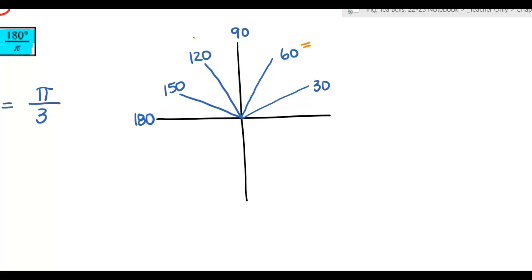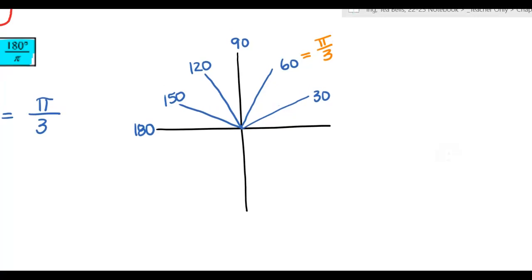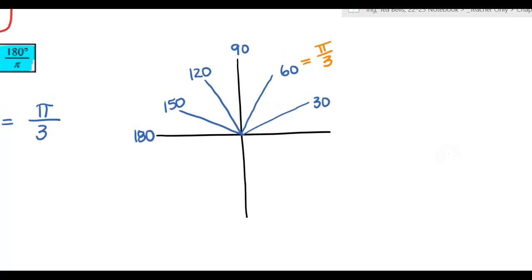Since this is broken up into 6 pieces, we know that, I forgot to put 0 over there, our 180 is always equal to pi. If we think about this in 6 increments to get to 1 whole of pi, 30 is going to be pi over 6.